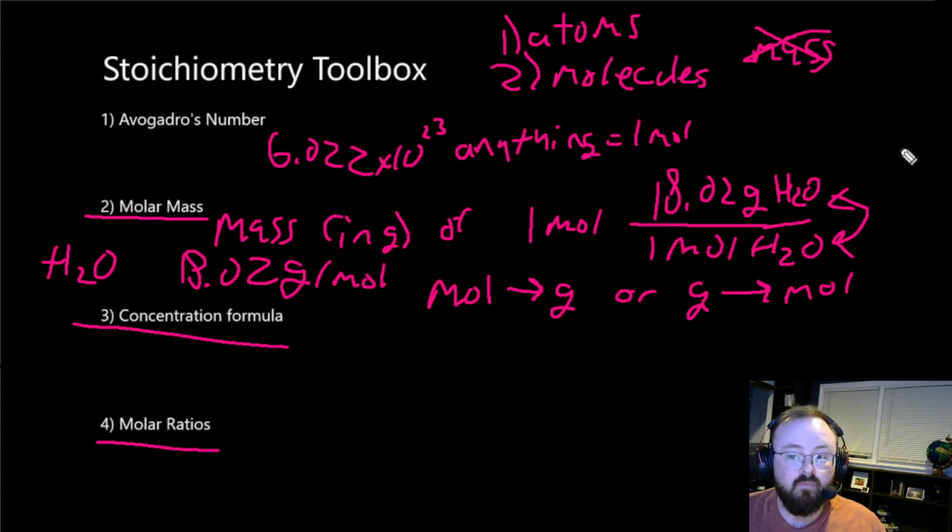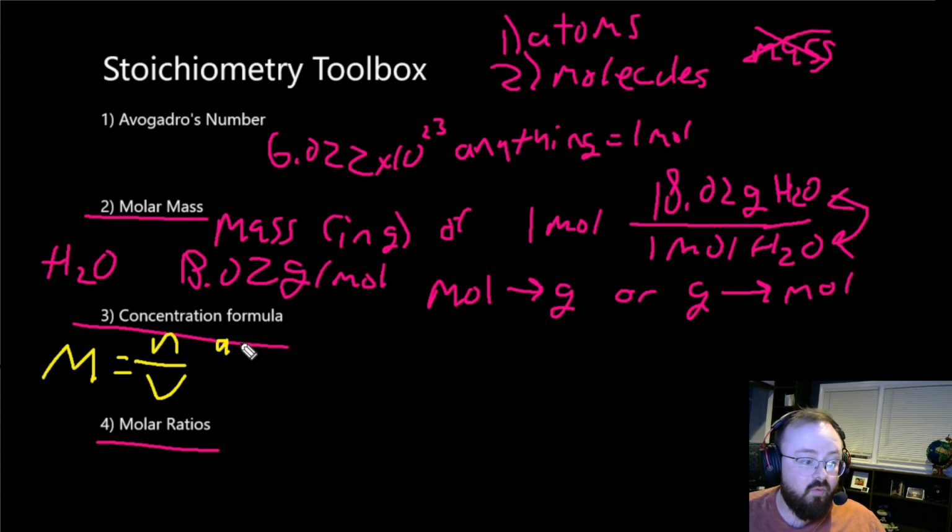Okay? Our next thing is concentration. And the wordage around concentration is going to be specific. So the concentration formula: the molarity of something is equal to the number of moles divided by the volume. The number of moles of what? Of whatever the compound is, whatever we have that is aqueous.